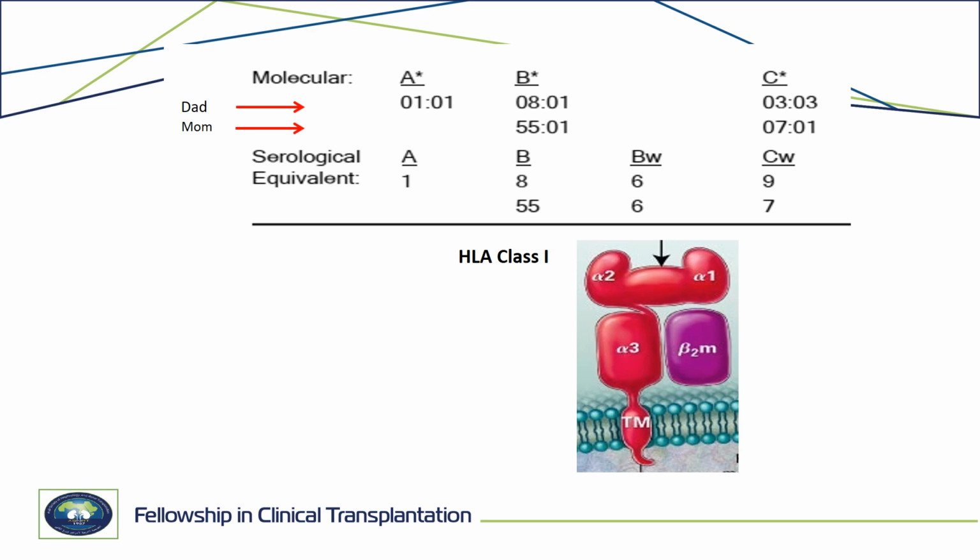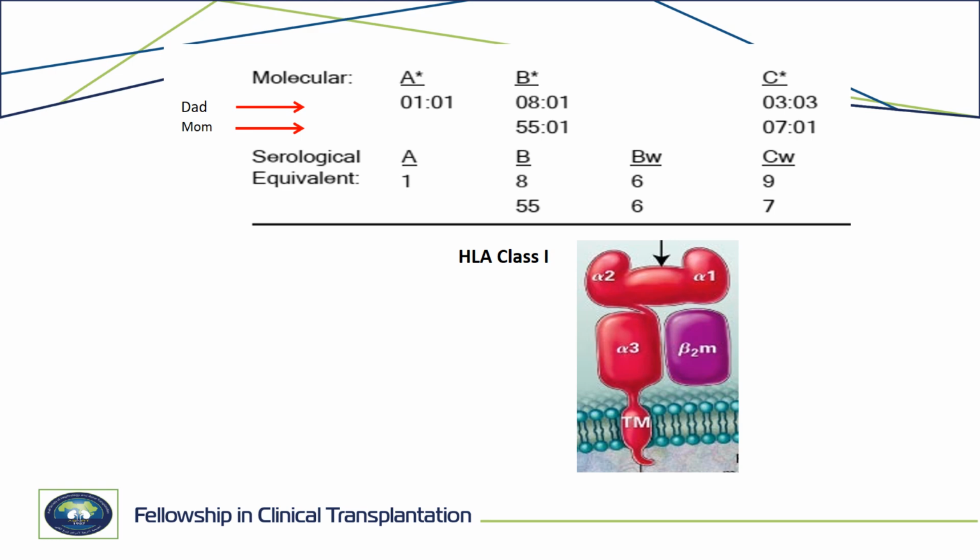But if you look at the C locus, you can see that the molecular typing was 0303, but the serological equivalent was 9. The reason is that when they identified the antibodies, they first identified an antibody against the C, which was an anti-CW3, but later they found that there are different subtypes of this antibody, and then the next number was actually 9.